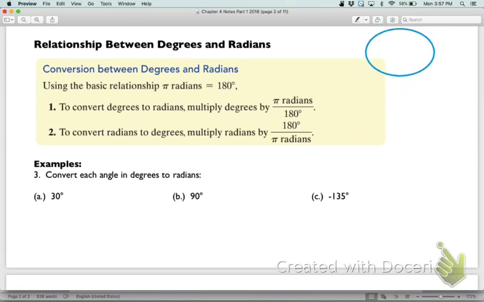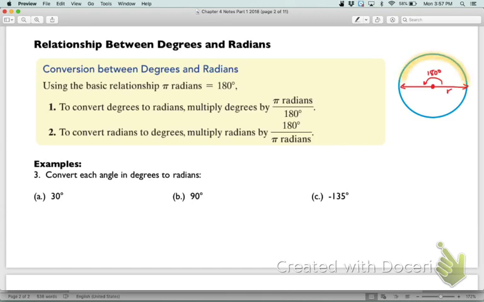Okay, so here's a circle. If I have my center right here, and my radius goes this way, my angle can go to this side, and that's going to be a 180 degree angle. But the length of this arc is also going to be half of the circle.